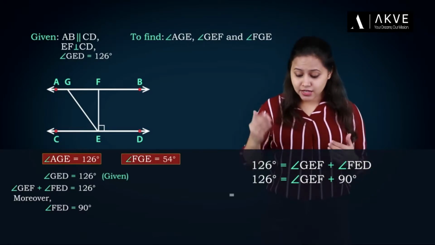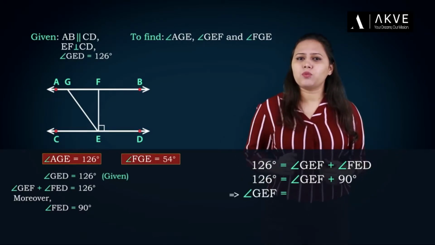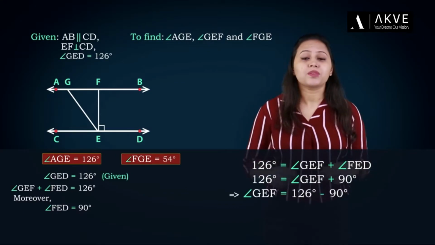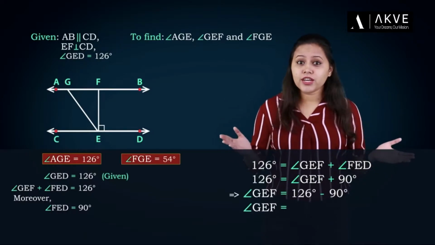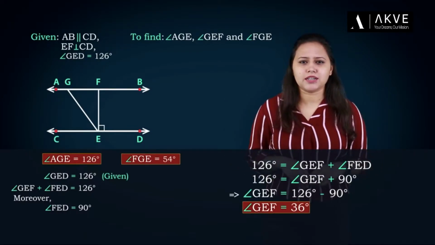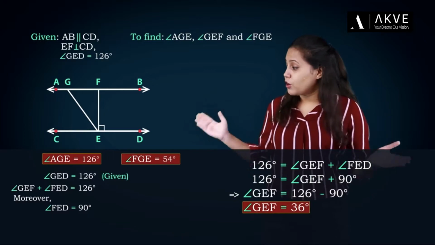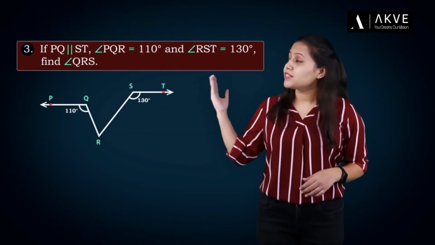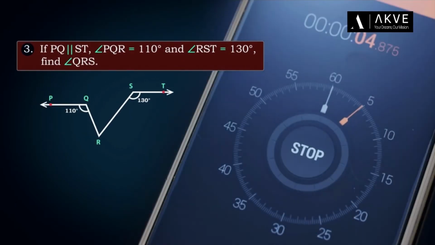This implies angle GEF is equal to 126 degrees minus 90 degrees, which gives angle GEF is equal to 36 degrees. See, we got all three values. That was easy, right? We just applied the basic concepts related to parallel lines and got our answers. Now it's your turn. Take your time and try to solve this question.